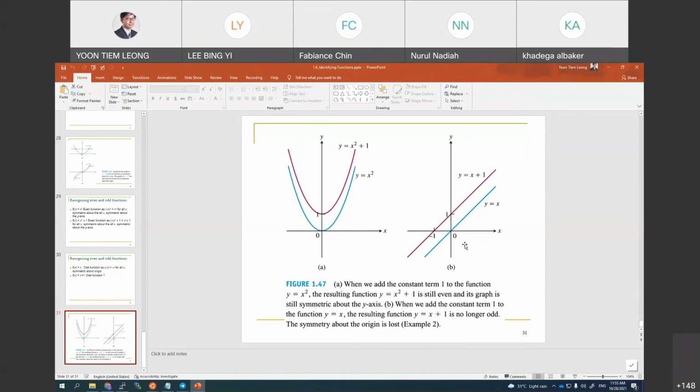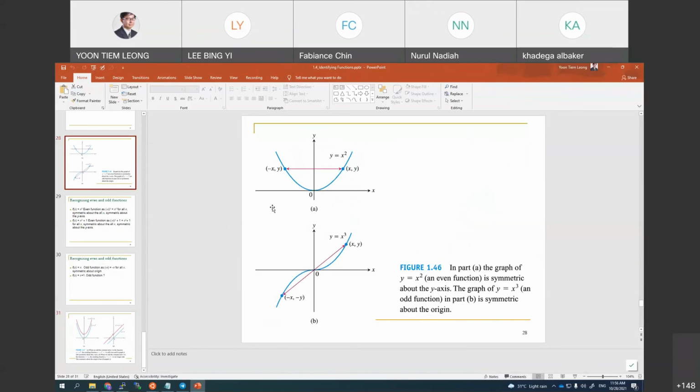But just to let you know, this is an odd function and an even function. So whatever graph is given to you, this one is obviously an even function. This is obviously an odd function. So I think for odd functions, it has a symmetry which is called reflection symmetry with respect to 0. That is, if the graph is reflected about the origin, then you get the same graph.